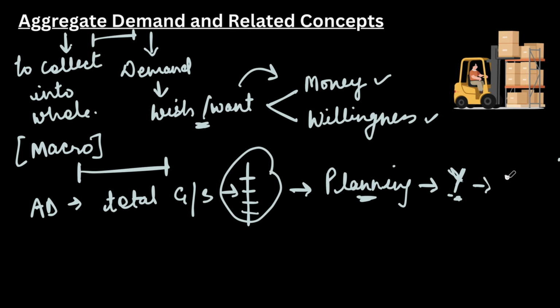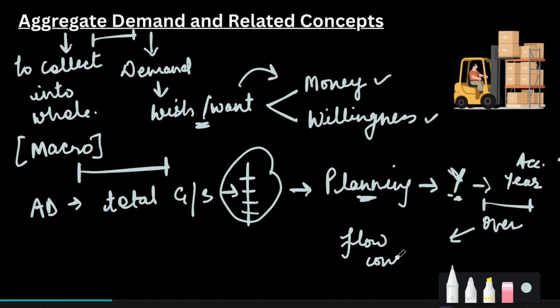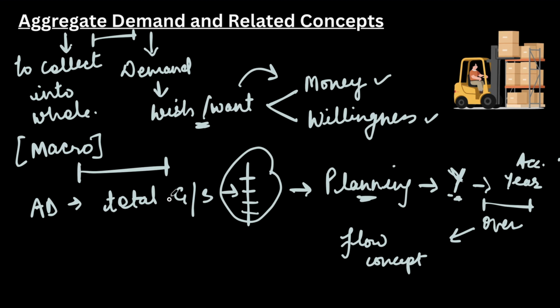In an accounting year, which means it is calculated over a period of time, and that is why we call it a flow concept also. I hope the meaning is clear. Aggregate demand refers to the total demand of goods and services which all the sectors are planning to purchase with the given level of income in an accounting year.